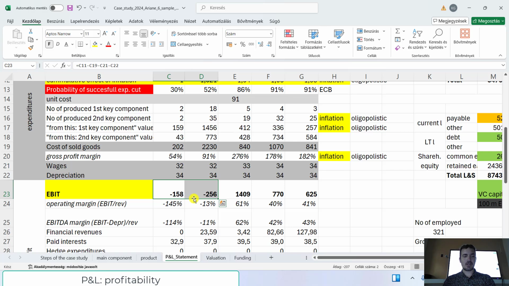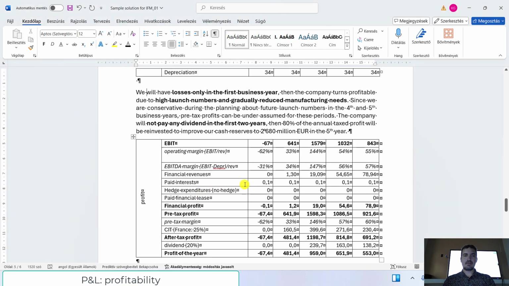This is my setup. Okay, so we have losses in the first and second business year. So this is also what should be modified by your description.